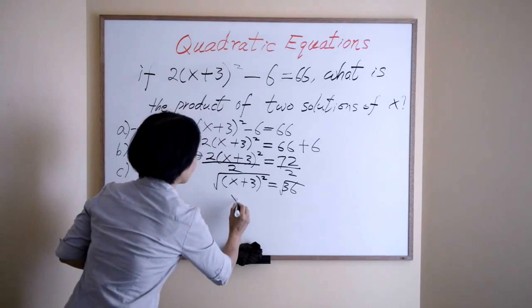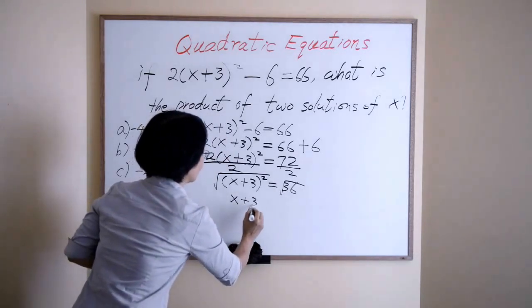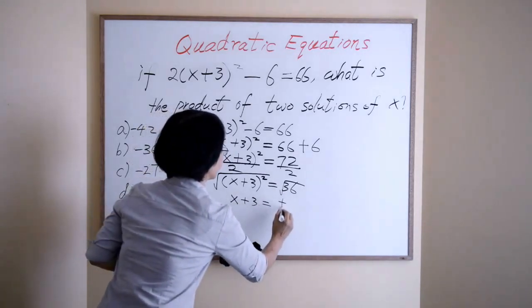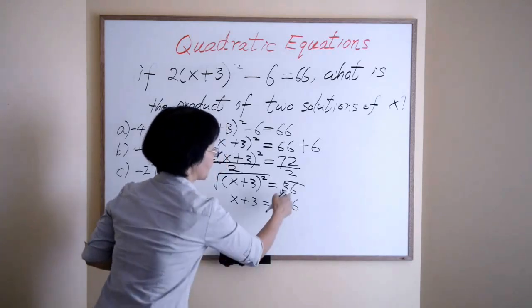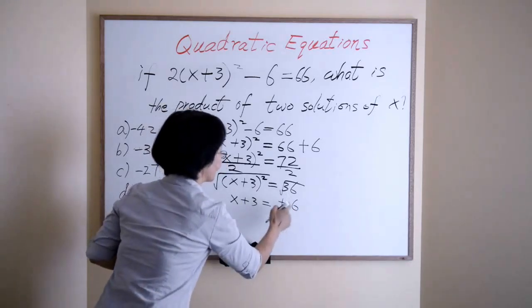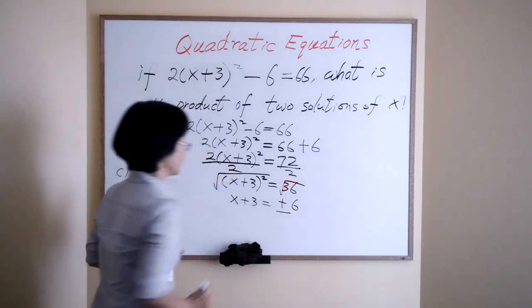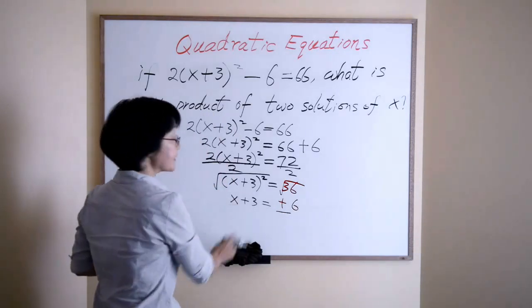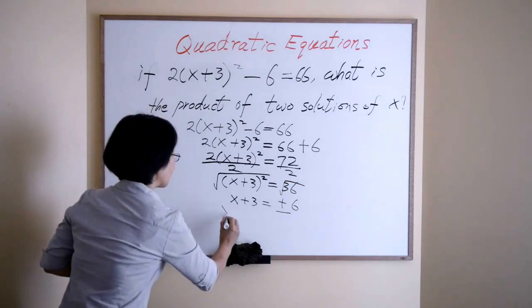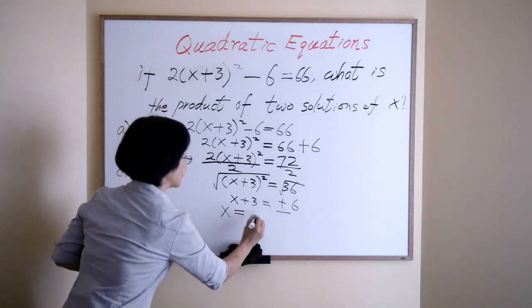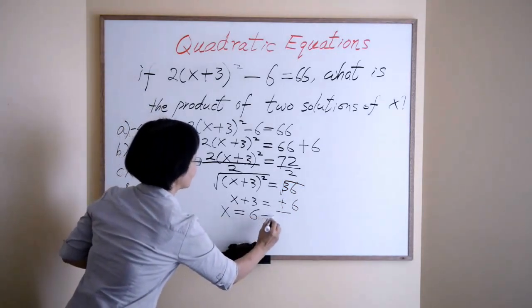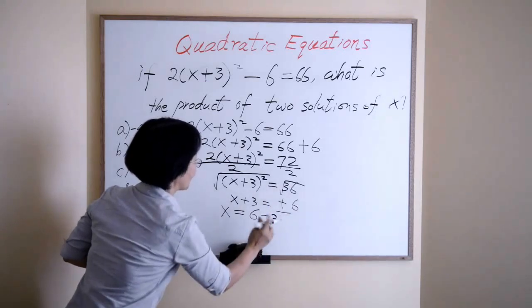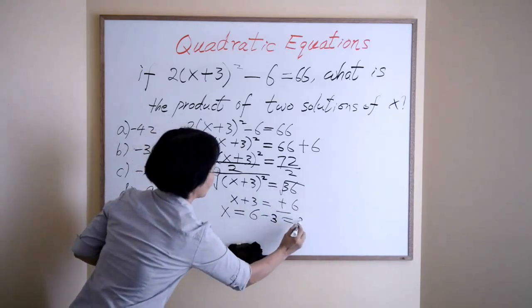So we have x plus 3 equal to positive 6. The square root of 36 is 6, right? Or negative 6. Okay, so there are two answers there. To find out what x is actually equal to, x could be equal to the positive 6 minus 3, because when I move over, it becomes minus, so it's 3.